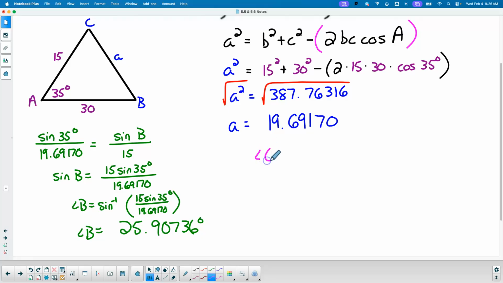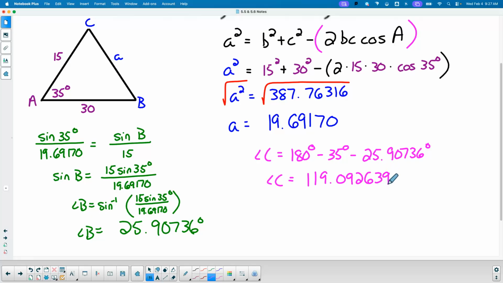So then angle C would be 180 degrees minus 35 degrees minus that. I only went to 5. Okay. Only went to 5, so we'll go 4 there.